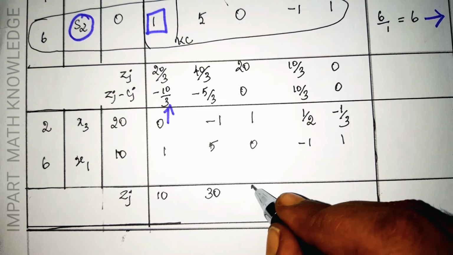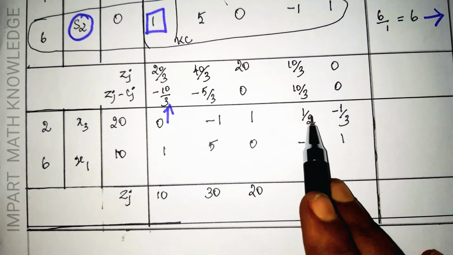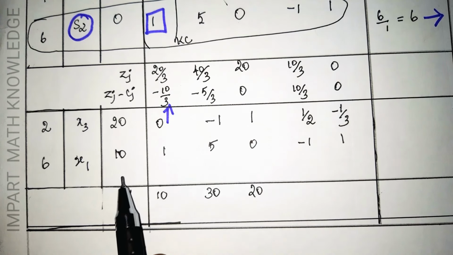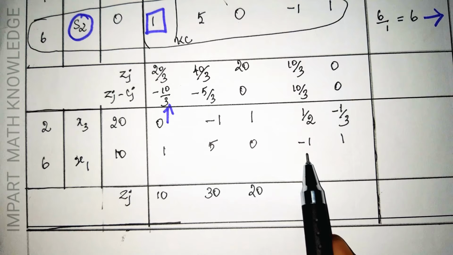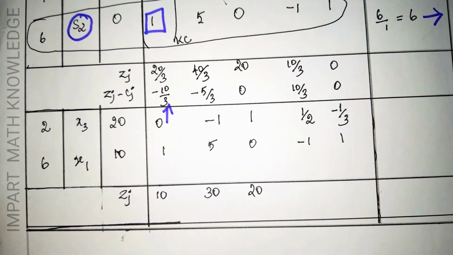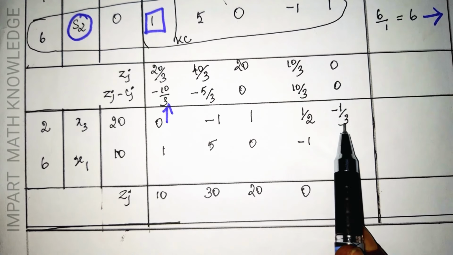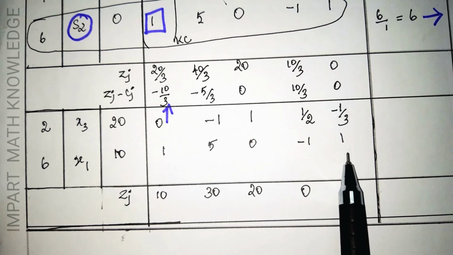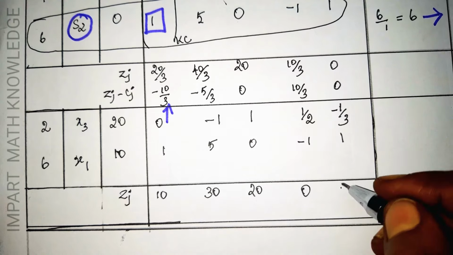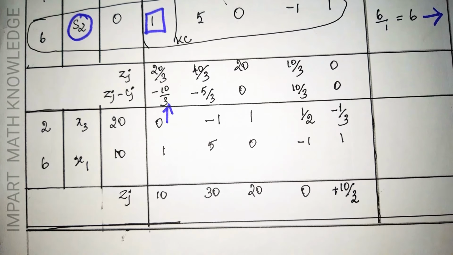That is 20. 20 into 1 by 2 plus 10 into minus 1. So you'll get 10 minus 10. So you'll get 0. The last one is 20 into minus 1 by 3 plus 10 into 1. If you take LCM, you will get plus 10 by 3.